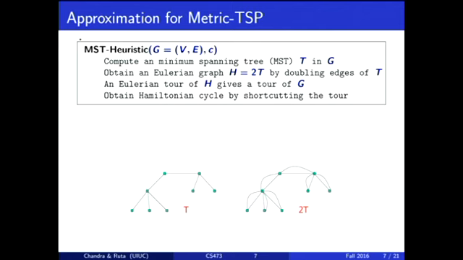And then you double all the edges. What does it mean to double all the edges? You make 2 copies of each edge. So now you have what is called a multi-graph. Now I want to say that, using this multi-graph, I can visit everybody. How will I do it?